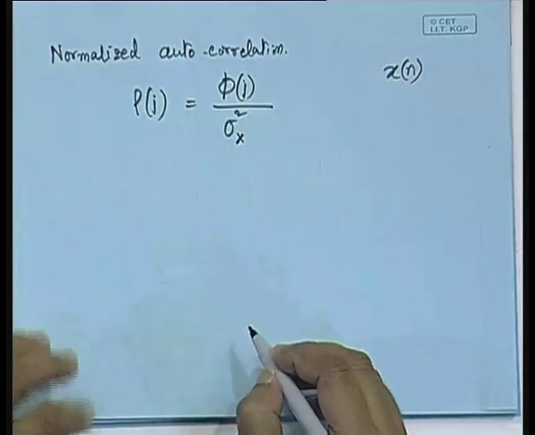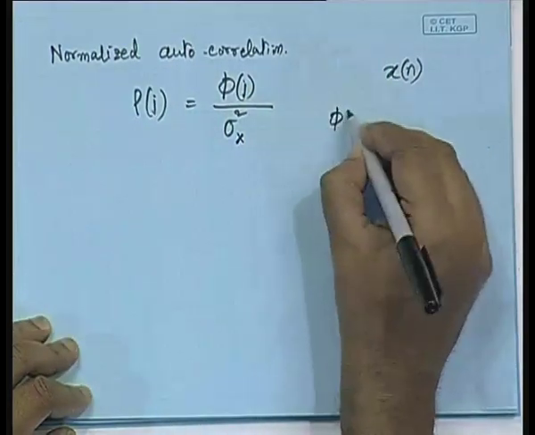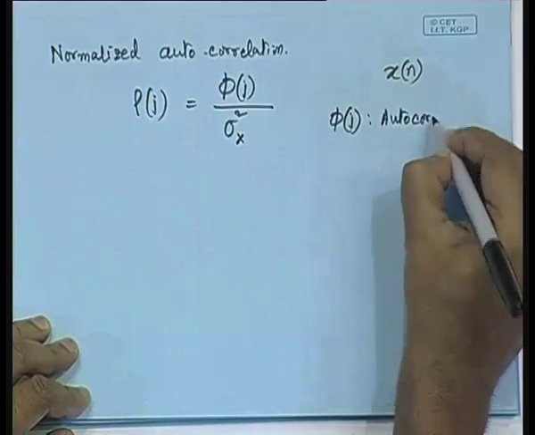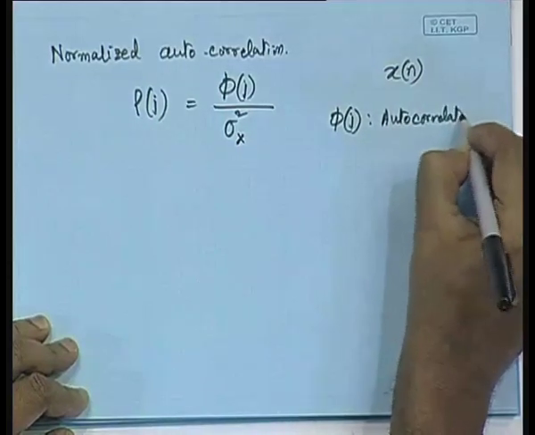Right. So, phi of j is the autocorrelation and rho of j is the normalized autocorrelation.